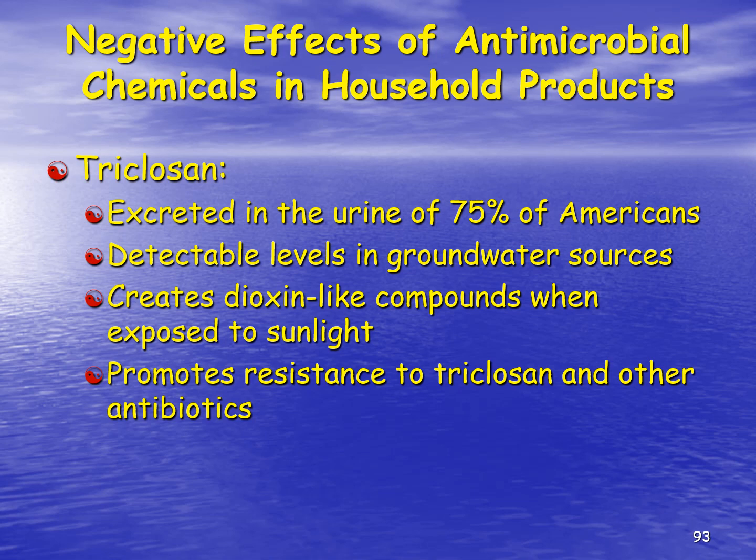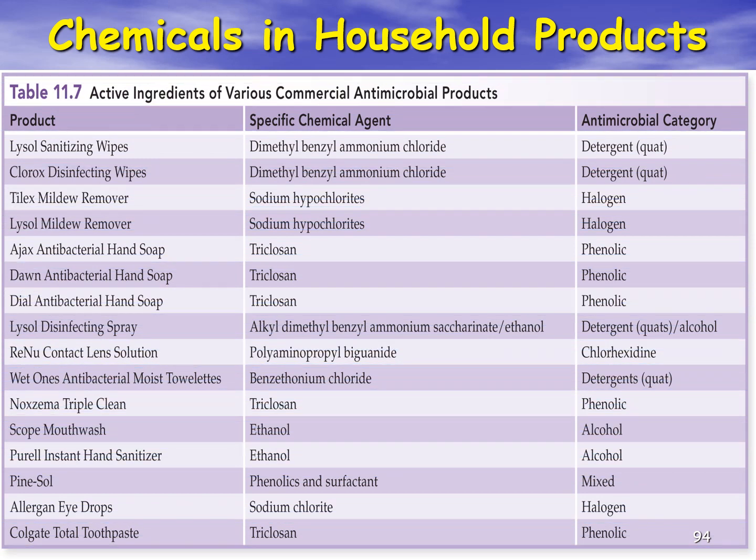It promotes resistance to triclosan and even other antibiotics as well. But it has been found in many, many products, such as, again, some of the sanitizing, disinfectant wipes, some of our mildew cleaners, antibacterial hand soaps, and this includes both bars and liquid forms.